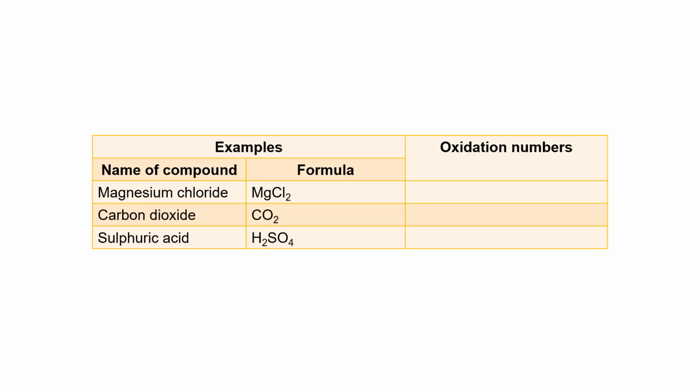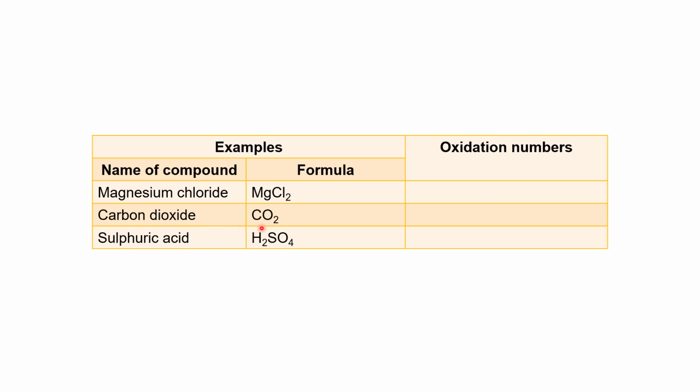Let's take a look at an example. Here we have magnesium chloride. The formula for the magnesium chloride compound is MgCl2. It means that the magnesium chloride compound consists of 1 magnesium atom and 2 chlorine atoms.